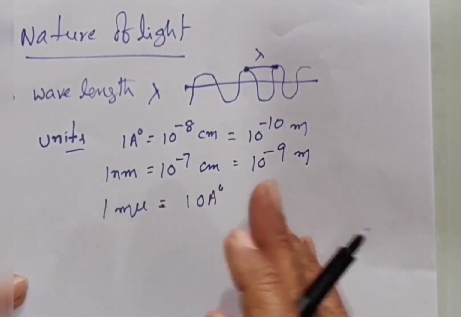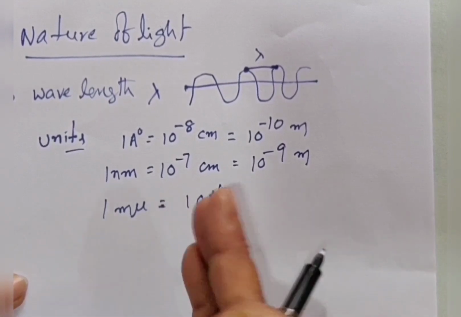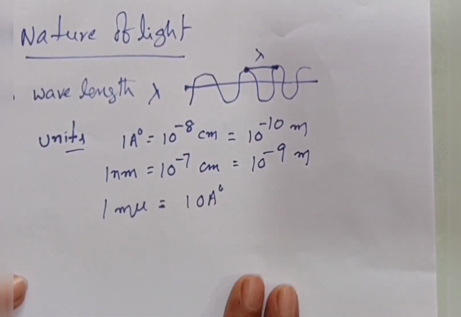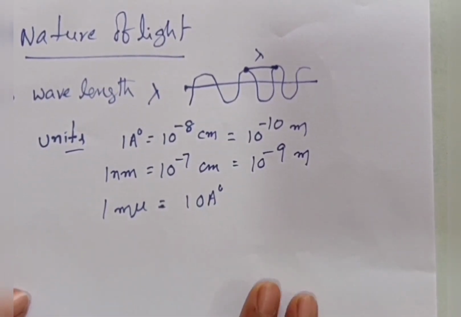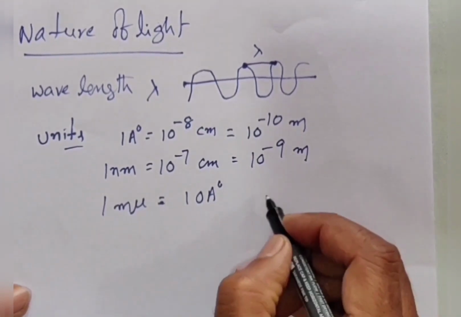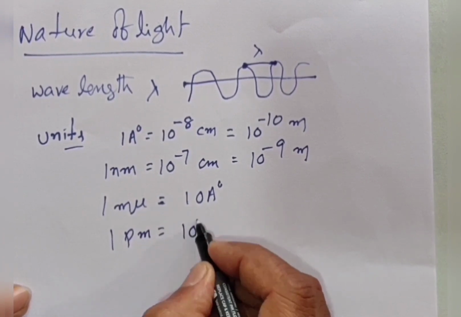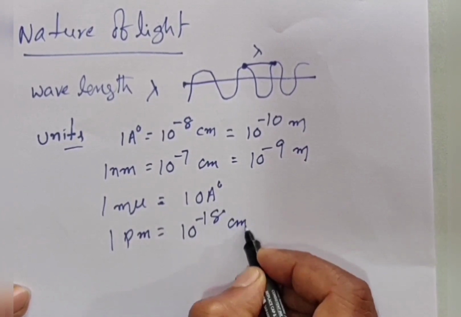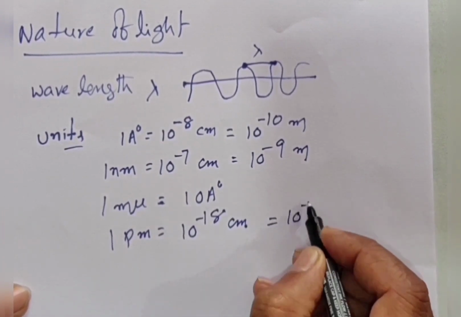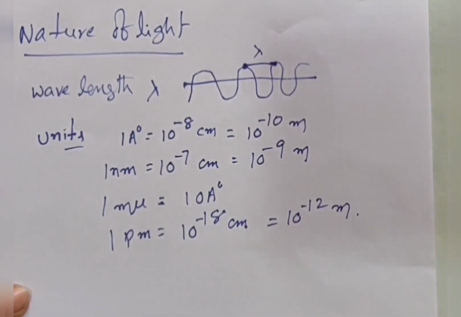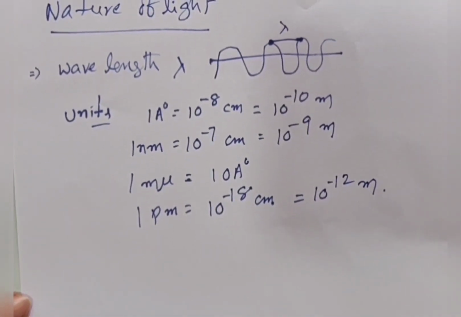You have to convert these units from one unit to another, so you must remember these values. They are very, very important. And 1 picometer is equal to 10 power minus 10 centimeters, that is equal to 10 power minus 12 meters.